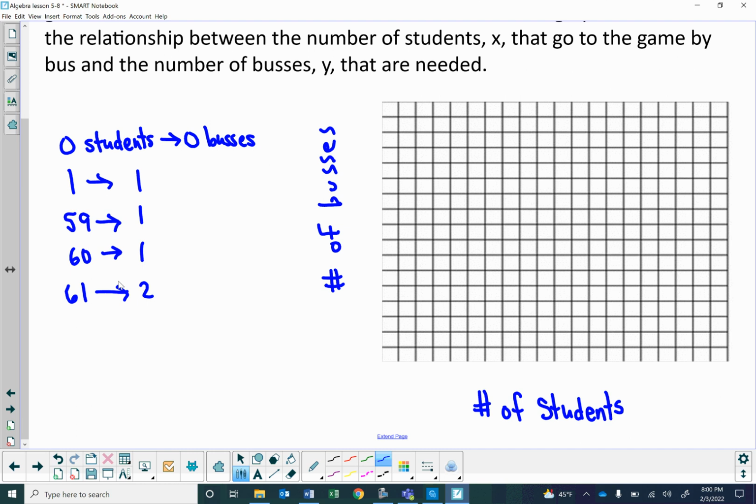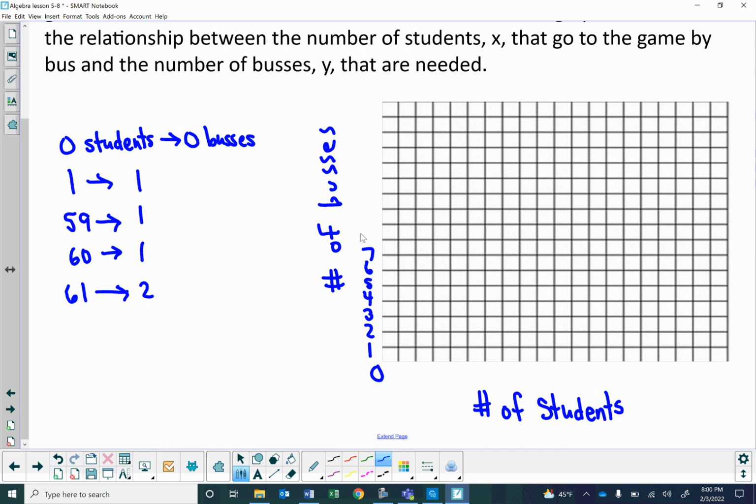Obviously I don't need as many buses as I have students, because it's not a 1-to-1 ratio. So the number of buses I'm going to count by 1. I'm going to have 0, 1, 2, 3, 4, 5, 6, 7. I don't know how many buses I'm going to take. It depends on how many people I want to go. If no students go, we don't need any buses.